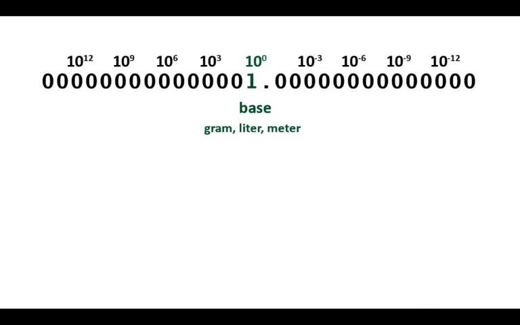The position of the base units, gram, liter, and meter, is just to the left of the decimal point on the base 10 numbering system. So recall that in the base 10 system, 10 to the 0 is equal to 1. If you had 5 times 10 to the 0, that would simply be written as 5.